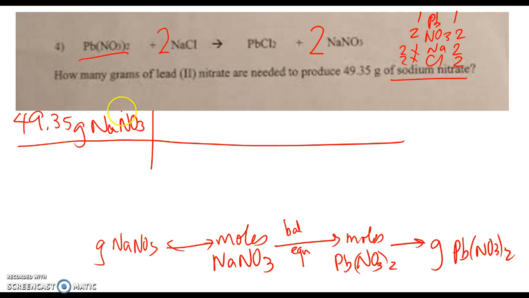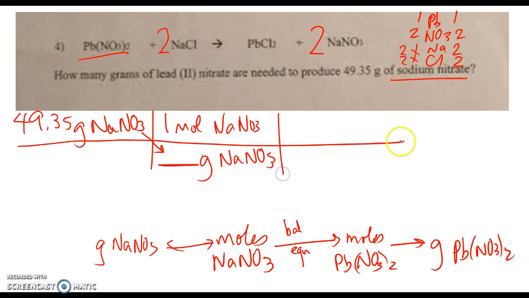So grams of sodium nitrate. Now remember, that unit, I know, has to come down here. And I said I have to go from grams of this to moles. So I'll use the molar mass. Alright. Now, I know that looking at this equation, for every 2 moles of sodium nitrate, 1 mole of lead nitrate had to be used, right?